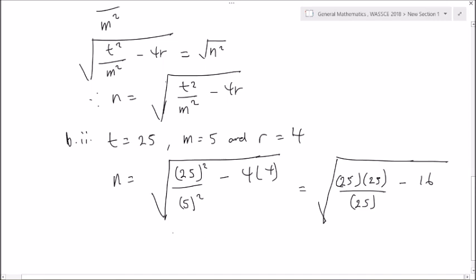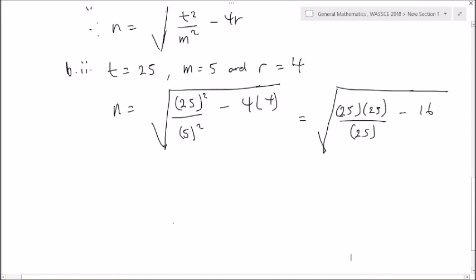So we will have n is equal to the root of 25 minus 16, which will give us root of 9.